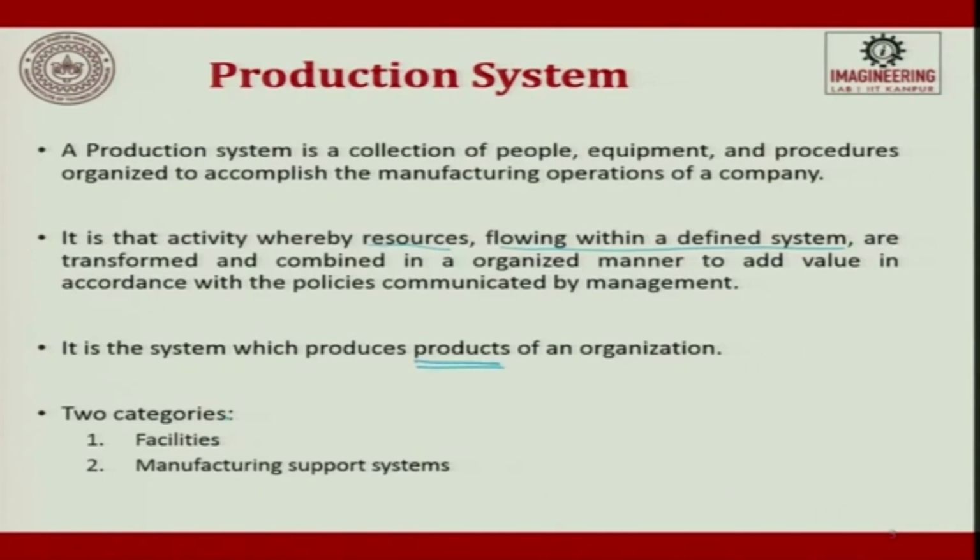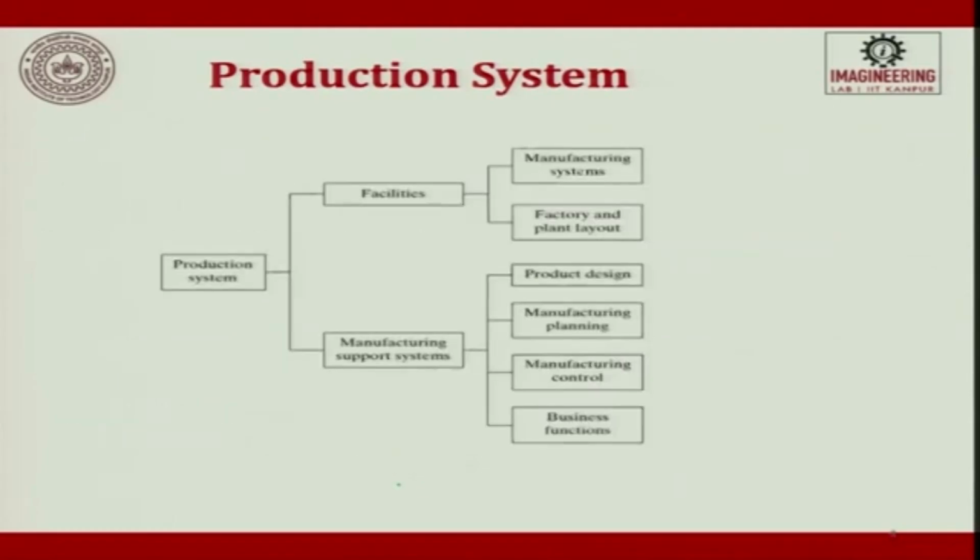Okay. Two categories are there. Here we talk about facilities and we also talk about manufacturing support system. Facilities means machines available, and manufacturing support system is the office which helps in producing.